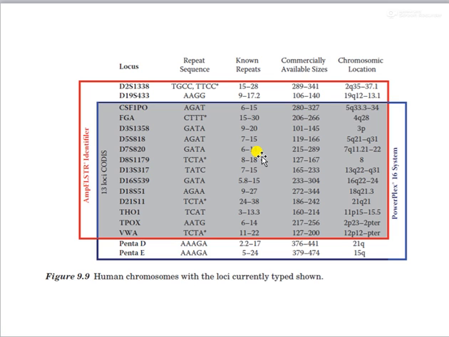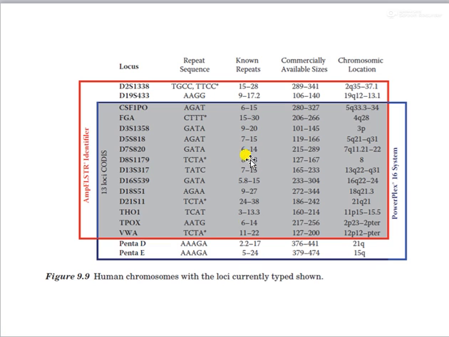So the possible number of alleles of this particular locus, D7S820, which has 6 to 14 repeats, is found to be 9 in number. Just count 6, 7, 8, 9, 10, 11, 12, 13, 14. Yes, 9, sorry.